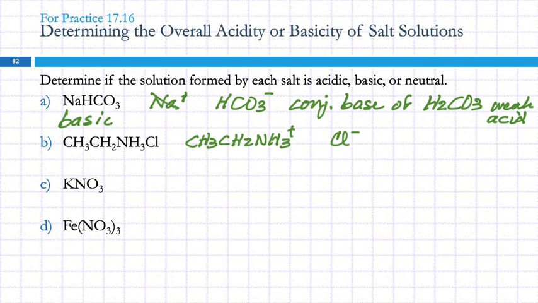No, because it's related to a strong acid. Is this related to a weak base? Yes, it is. We take the hydrogen off, we get a weak base. This is the conjugate acid of a weak base. So this solution is acidic.